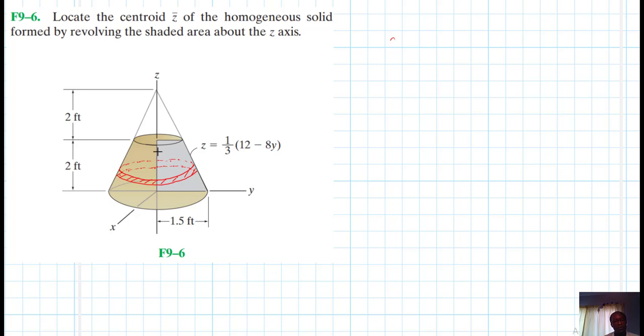Right, and then we do have the thickness of this cylinder. This is the thickness of this cylinder, and then we have the centroid of this particular cylinder, a local centroid location from the y-axis.